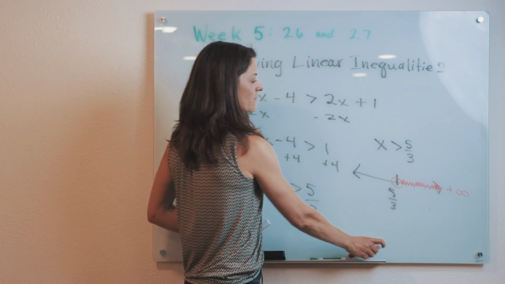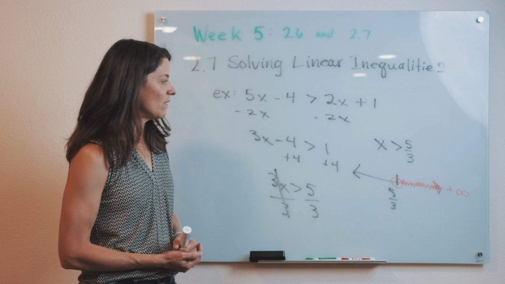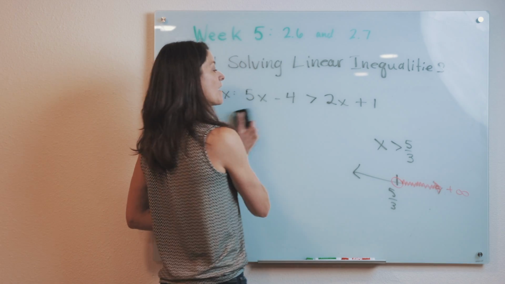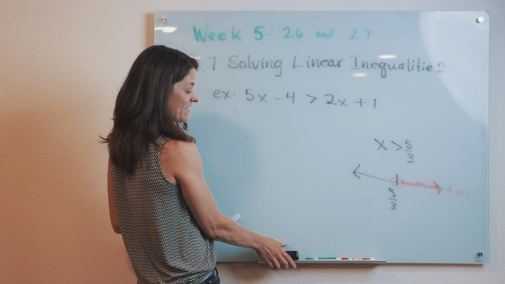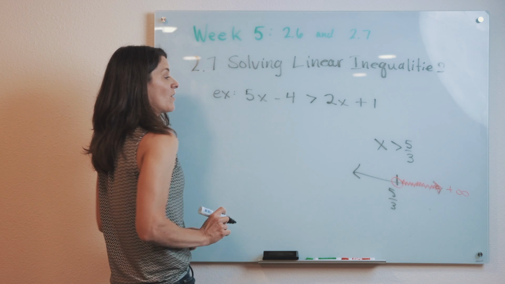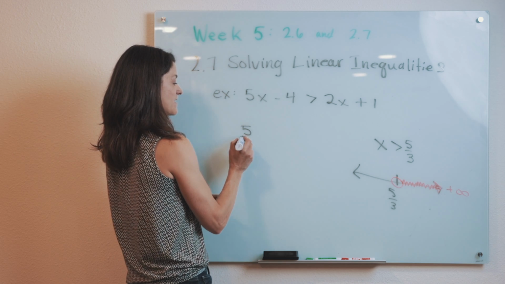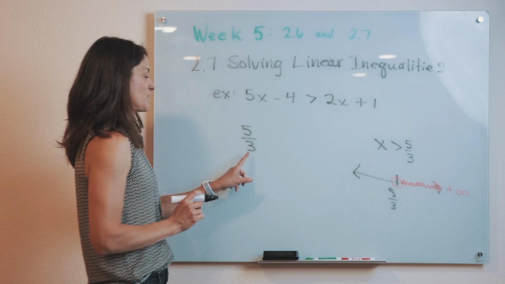The other way that we're going to represent that set of numbers is what we call interval notation. We're going to talk a lot about this in the video, but to start off with, we are going to write down the smallest number that x can be, which is 5/3.